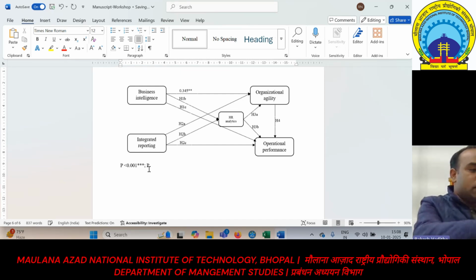P value less than 0.010, double star. P value less than 0.050 is single star.